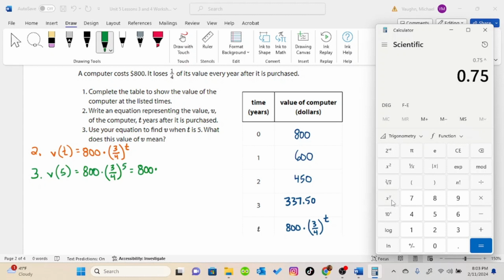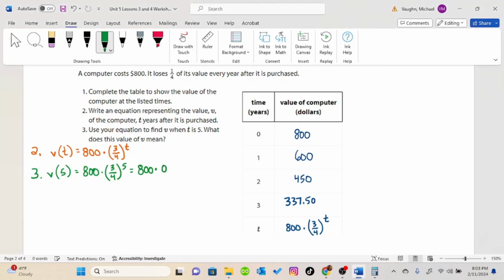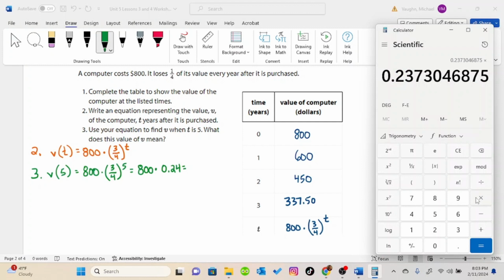We're going to take that to the power of 5, and that equals 0.24. We'll round it there. Now 800 times that equals $189.84.